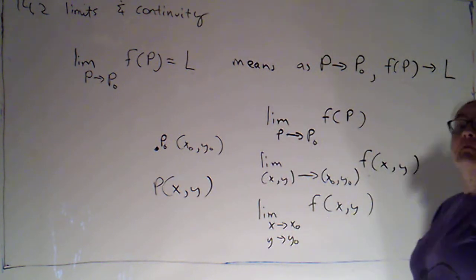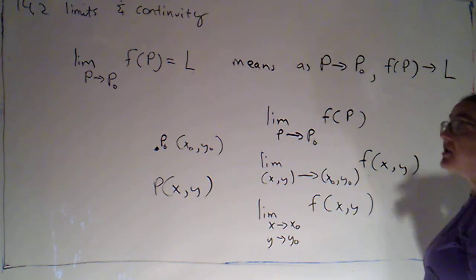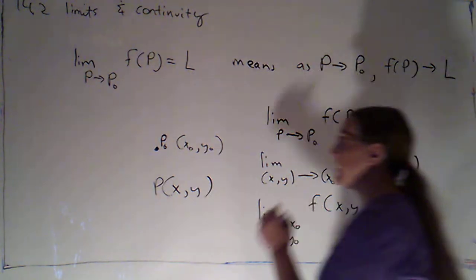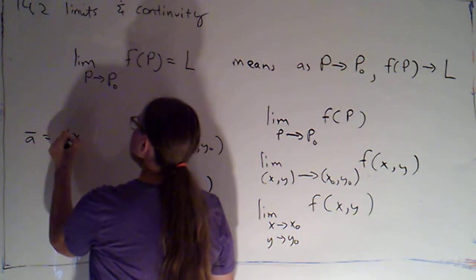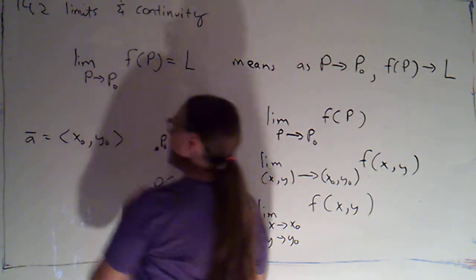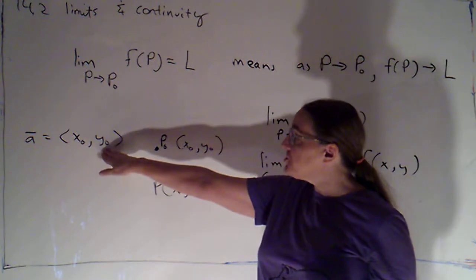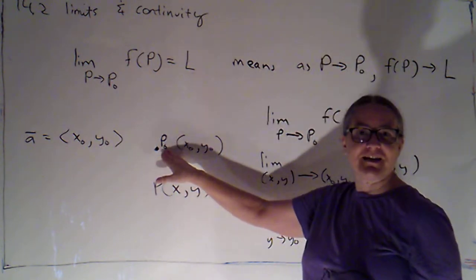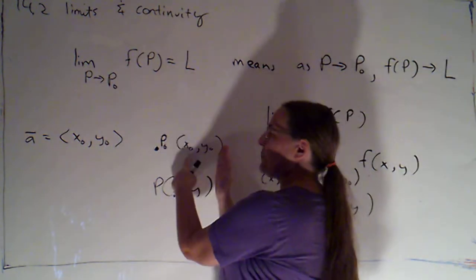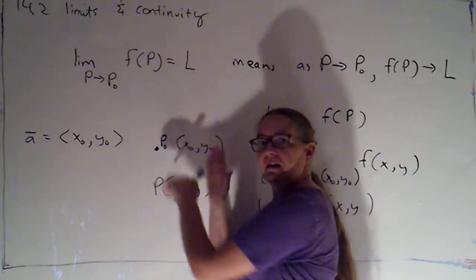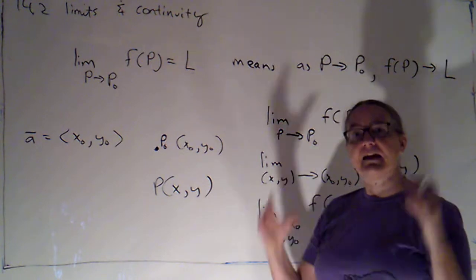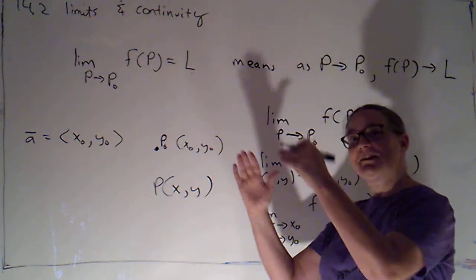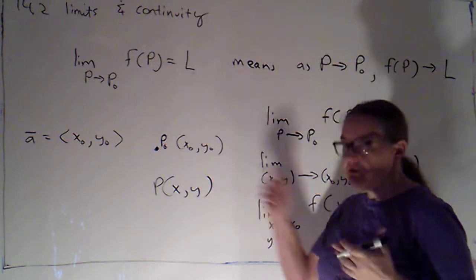Okay. It would also be okay to use vector notation. So I could say A is the vector x naught, y naught, the position vector for this particular point. When I write it in parentheses like this, I'm thinking of it as a point. When I write it in brackets like that, I'm thinking of it as an arrow that would point from the origin to that point.